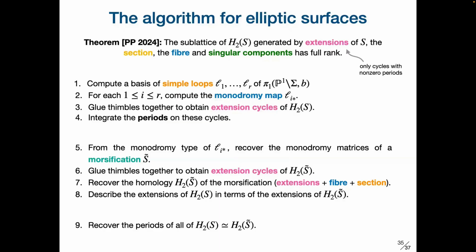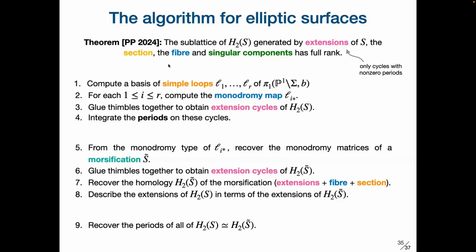So for the sake of computing periods, if you're able to compute the periods of extensions and you're able to relate, or rather to explain how this sublattice fits into the full homology lattice of your surface, then you've won, essentially, because you can then, by linear relations, relate the periods of any cycle to these other extensions.